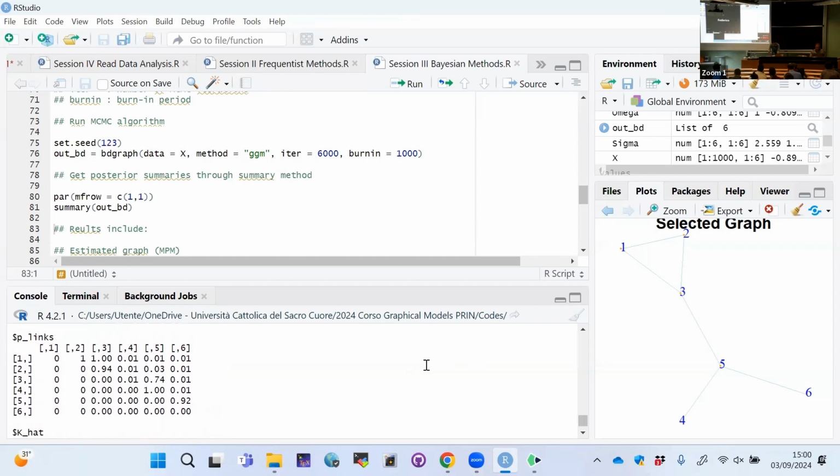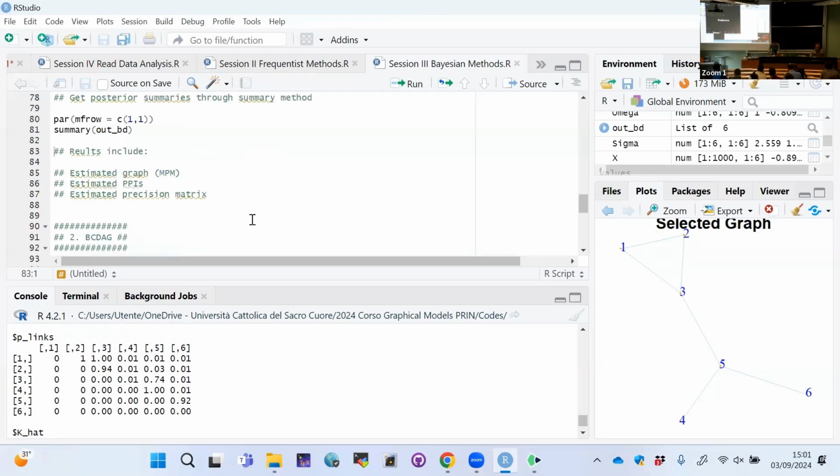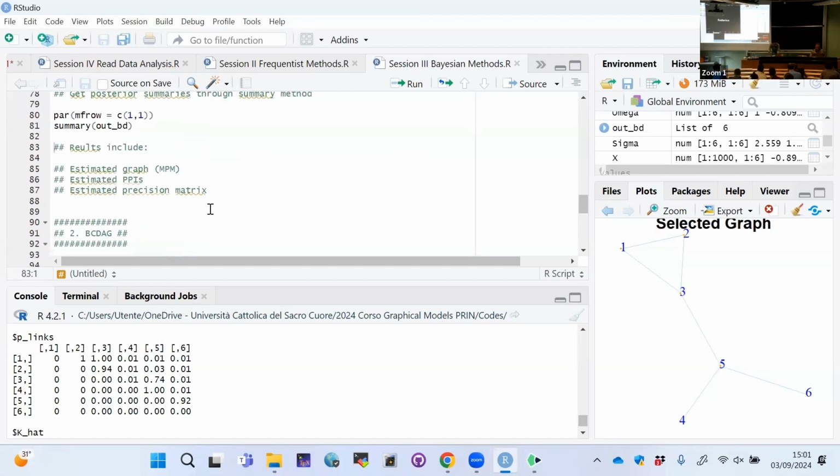Then you also have the probabilities of edge inclusion, called p links, so the probability of an undirected edge between 1 and 2, and so on. Whenever this is greater than 0.5, you will have an undirected edge in your selected graph. These are the main outputs provided by the package bdgraph.